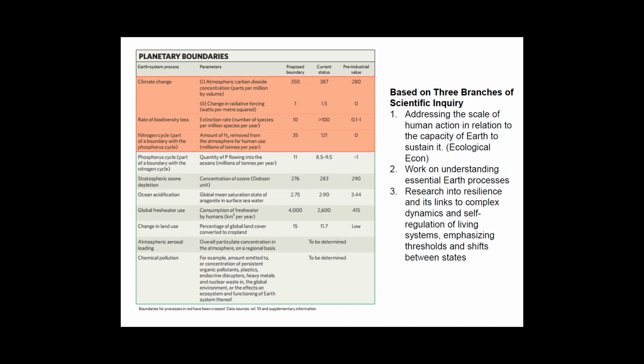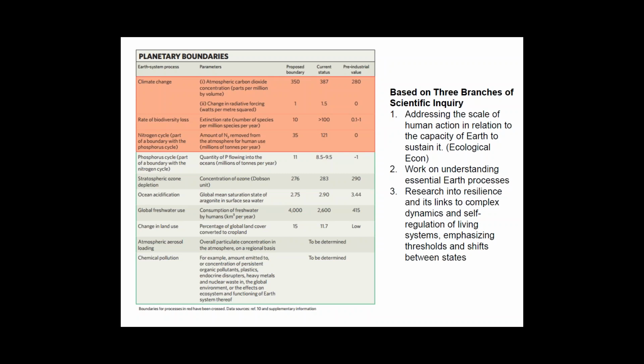Atmospheric aerosol loading and chemical pollution are two that are complicated, because they both involve a number of different types of pollutants. They're not able to determine what this number actually is. You can't just put one number on how many of these different chemicals and plastics and heavy metals are polluted into the atmosphere.